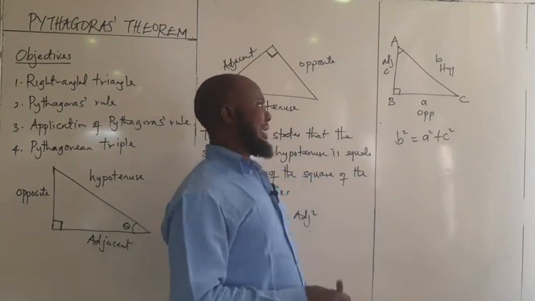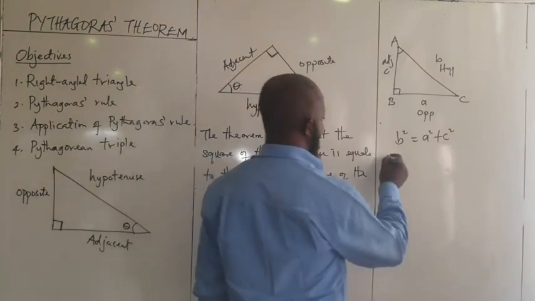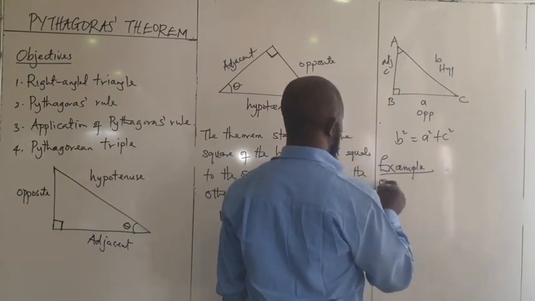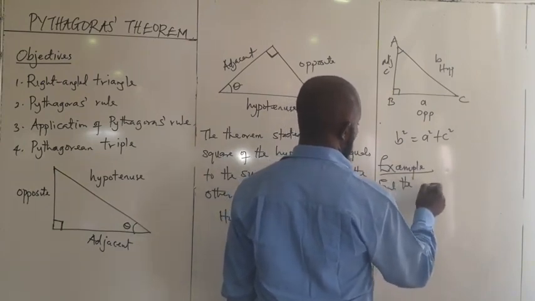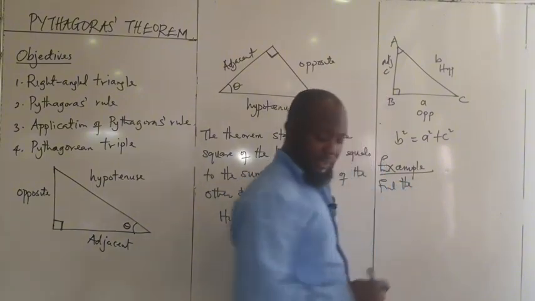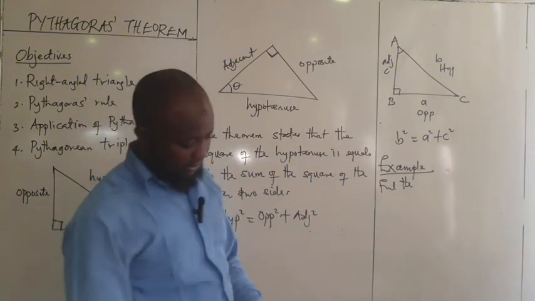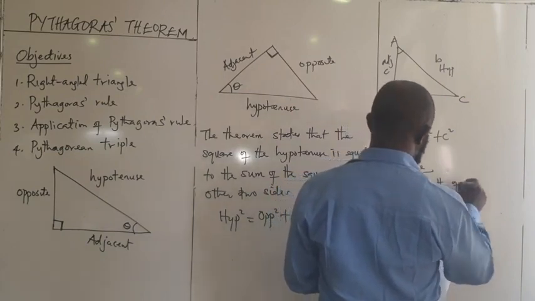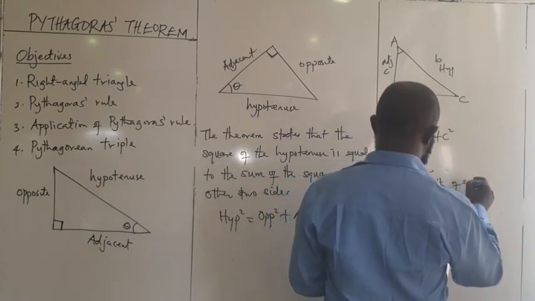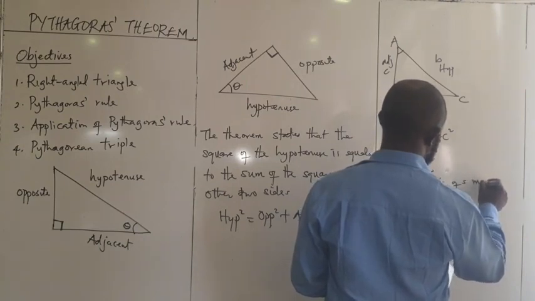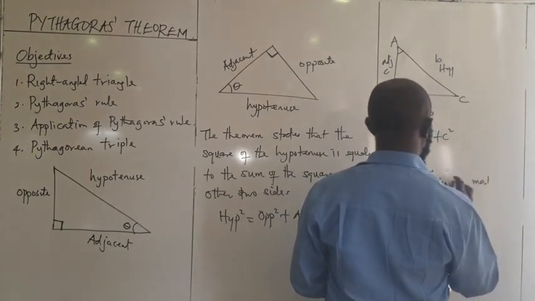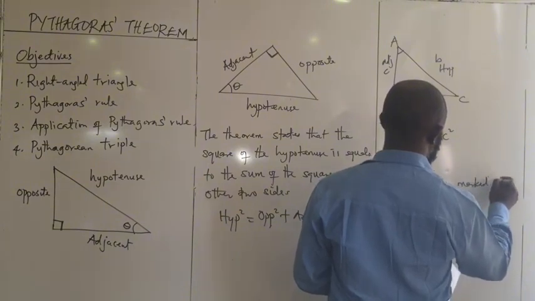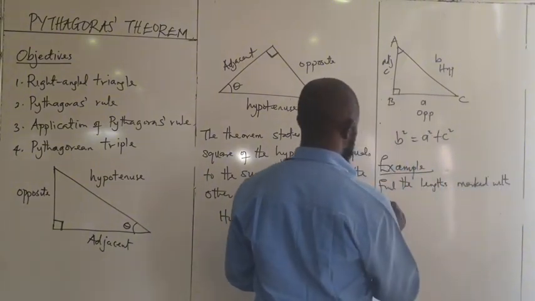So let's look at an example. We have these examples: find the length marked with letters.